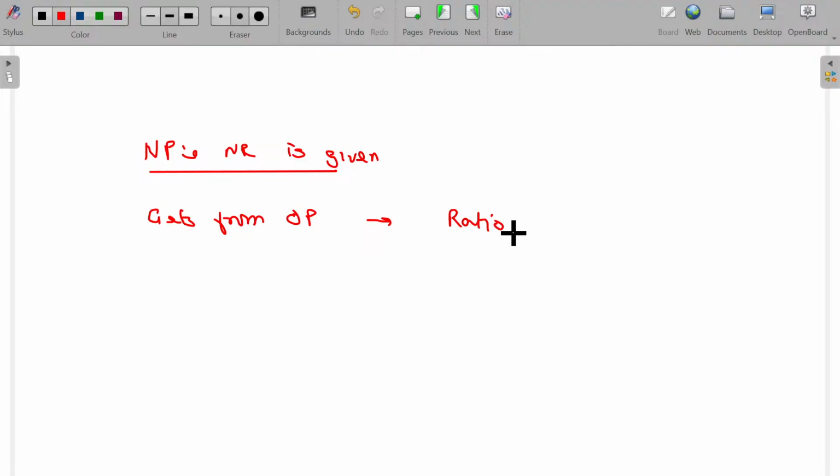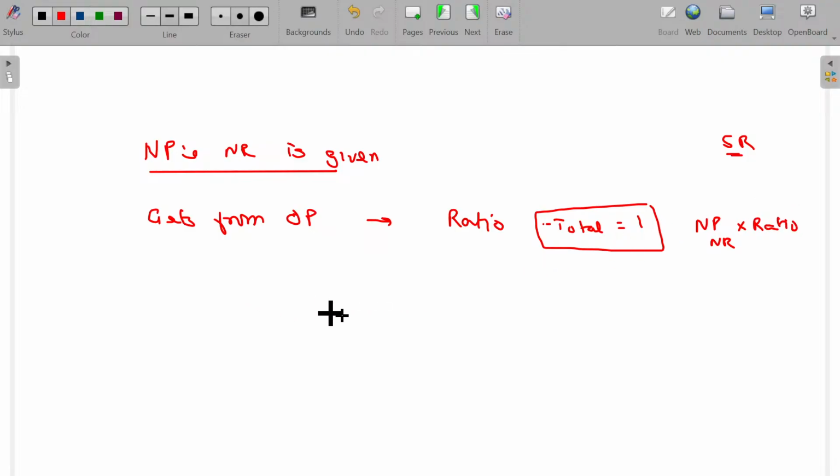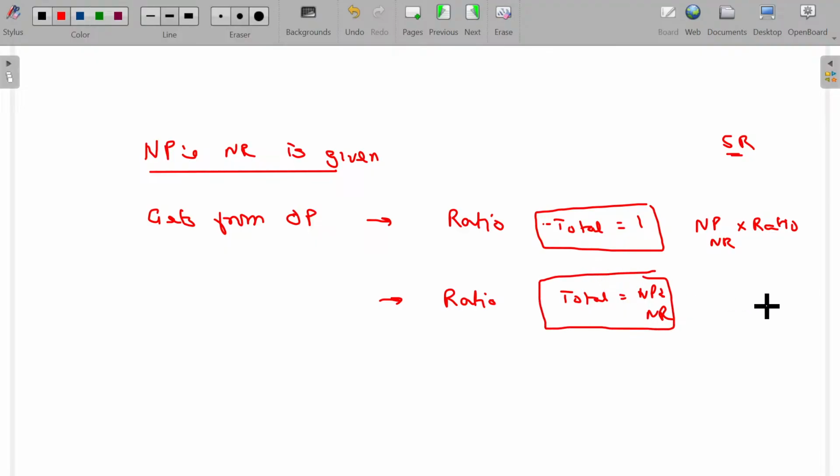If the ratio's total being 1, then your sacrificing ratio is equal to the new partner's new ratio multiplied with this ratio. This will be the sacrificing ratio. What he gets from the old partners, where ratio is given, if the ratio total is equal to the new partner's new ratio, then what he gets as a new ratio itself is the sacrificing ratio.